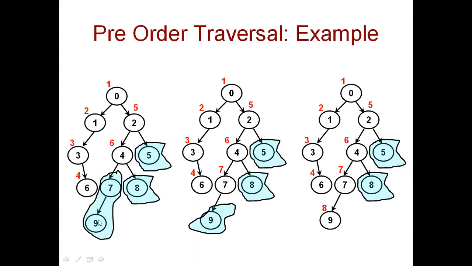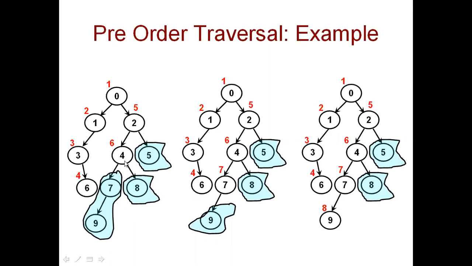So we now are in the left subtree 7 and 8. So 7 is the root, so we print the root 7. Go to the left subtree, which is this one, and that's 9 is the root of that subtree. We print the 9. There's nothing to the left, so we don't have anything to print, nothing to the right. So we're done with this subtree, and with that we are also done with this left subtree, 7 and 9.